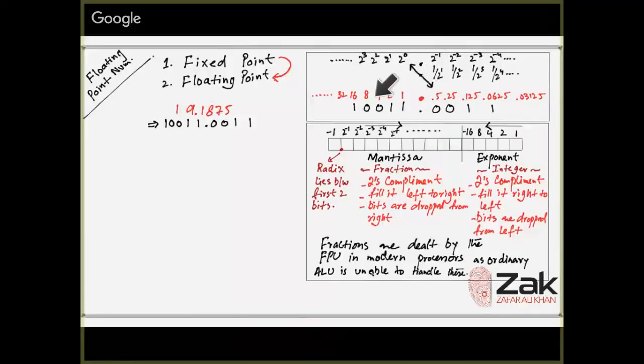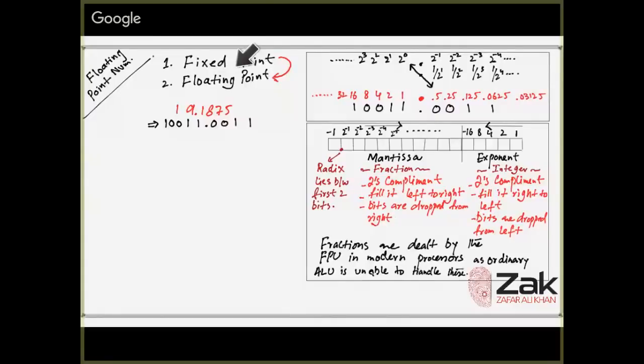So if we go on the left of the point, this would become 1, 2, 4, 8, 16, 32 as usual. And on the right side it becomes 0.5, 0.25, 0.125, 0.0625, 0.03125. We actually have to memorize these up to 5 decimal places: 0.5, 0.25, 0.125, 0.0625, 0.03125.